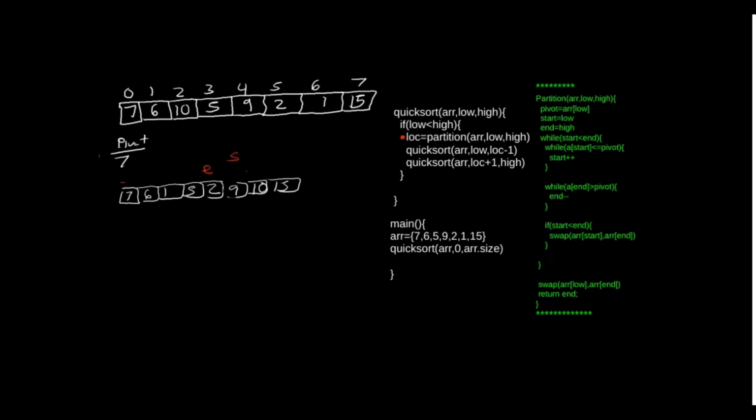We're going to swap end with the first element in the array. So 2 and 7 are now going to get swapped. Let me just draw that out for you here. 2 and 7.